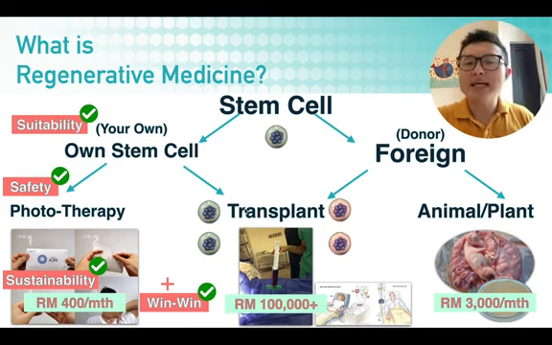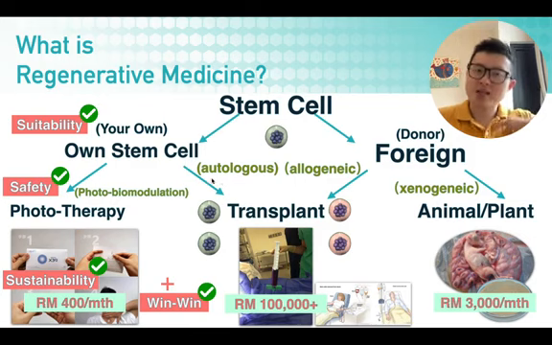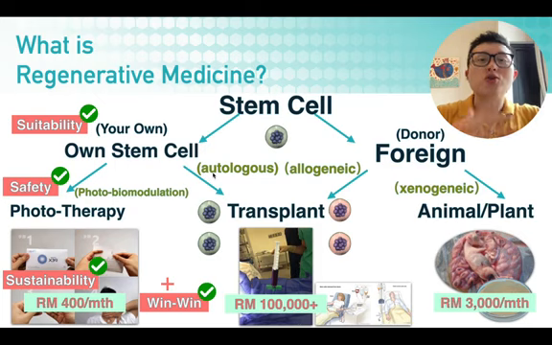In case you want to pass this information, or you want to speak to your medical doctors, I think it's good for me to give you some of the medical terms that they use. If you want to talk about phototherapy, you use the word photobiomodulation, might be a more professional term. When you use your own stem cell, extract it out, this is the whole process of autologous stem cell transplantation.